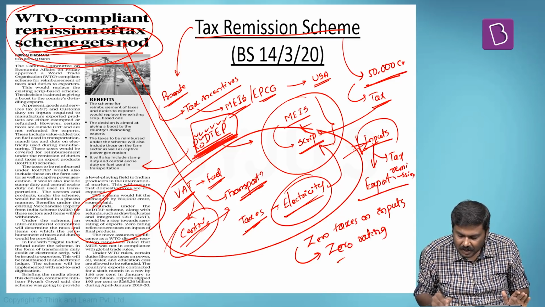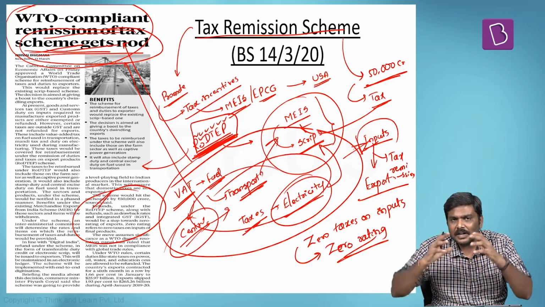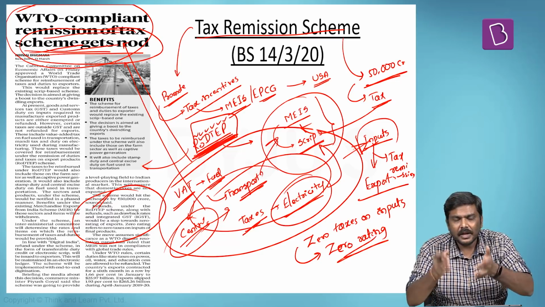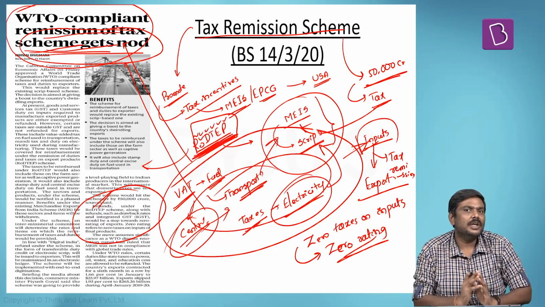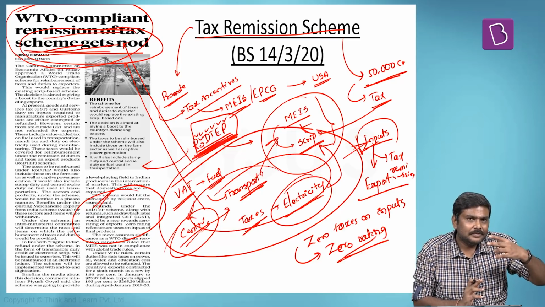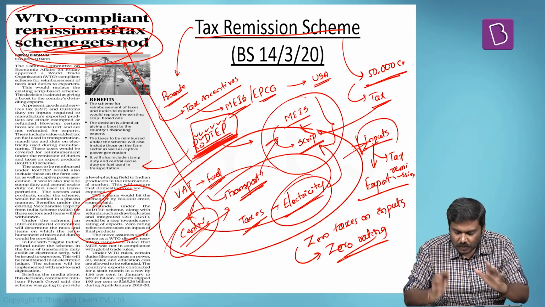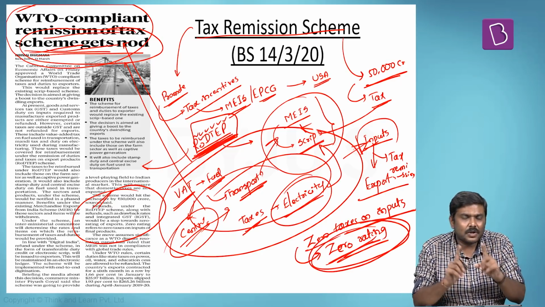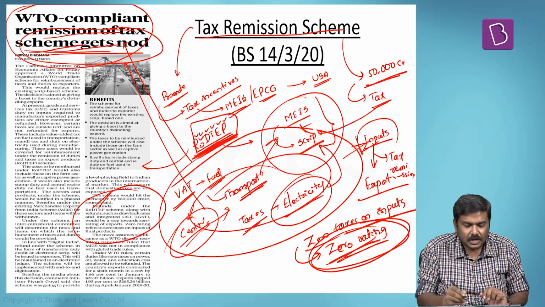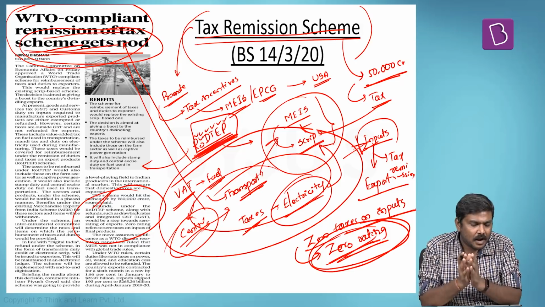So remember this, earlier for some of the inputs the remission was not provided. Now we want to provide remissions on all these inputs used in producing and exporting the commodity. By remitting these input taxes, we are moving towards imposing zero taxes on exports. This is referred to as zero rating of exports. So these are some of the concepts discussed under this article.